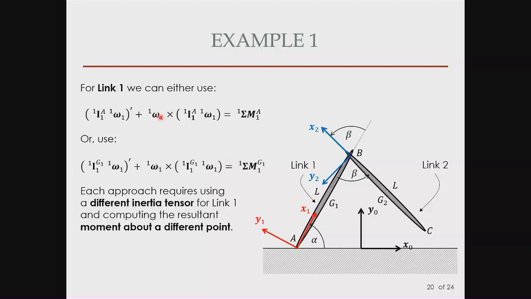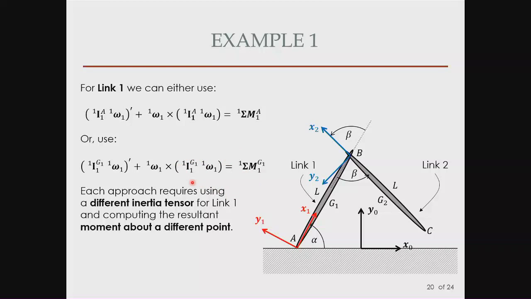Now, why am I working in frame 1 in both of these cases? Because of this I. I mean, I can represent omega easily in any frame, right? And I can also sum moments in any frame. You will see later. But I can work with I in a different frame.